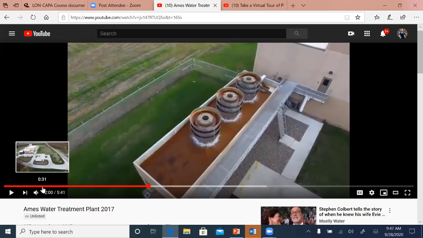What this system is doing is it's aerating the water. So by aerating the water, that purges off some of that CO2. It also converts the iron 2 plus to iron 3 plus, so from ferrous to ferric.